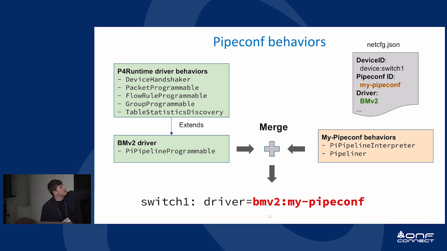In this case, we have a BMV2 driver, and a Pipeconf that provides a collection of behaviors, and then the system can use this merged driver. This is an example where the existing ONOS architecture worked very well to provide this new level of flexibility. Examples of Pipeconf behaviors are the pipeline interpreter and pipeliner, and I have an example of how they work in the next slides.